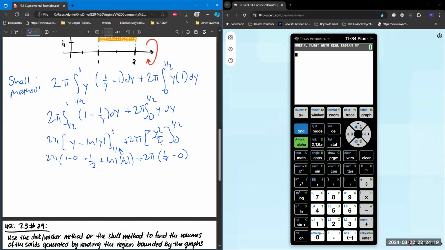So this is 2 pi times 1/2 plus ln of 1/2 plus 1/8, which is 2 pi times 5/8 minus ln of 2. Okay, that's exactly what I get.